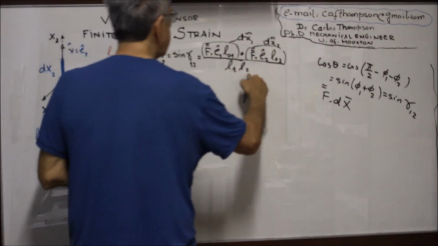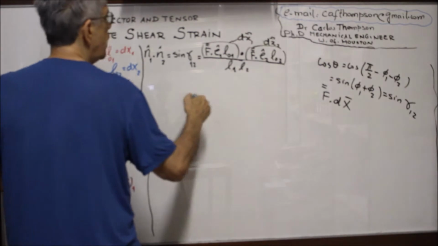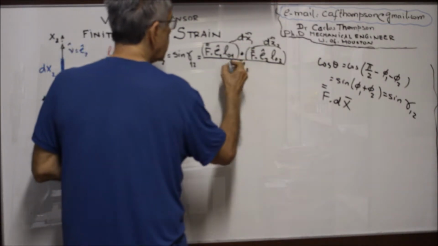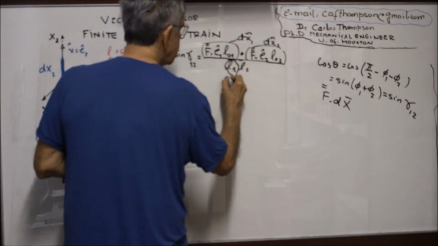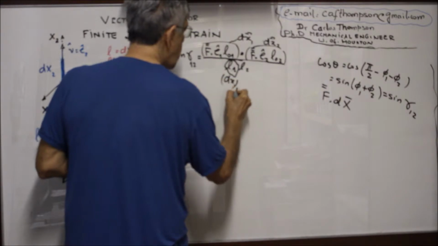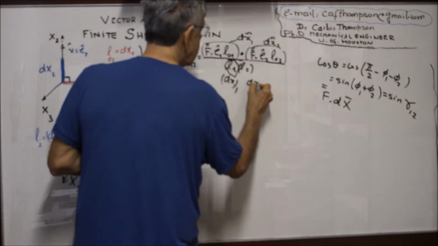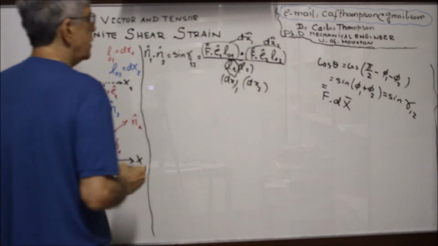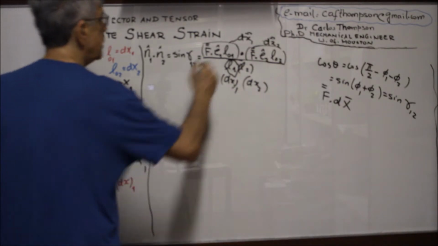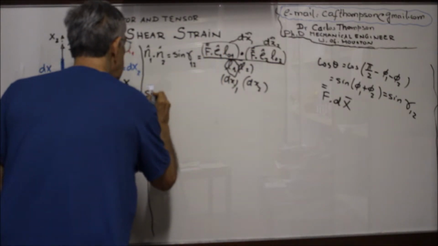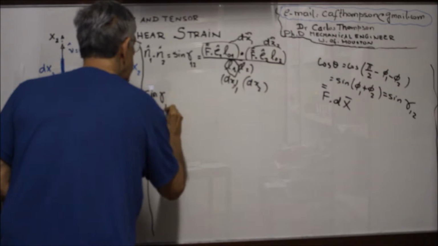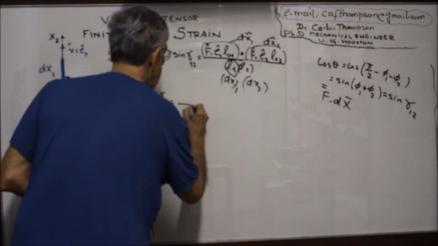So divide by L1 L2, because dx1 is this here and this is dx2.